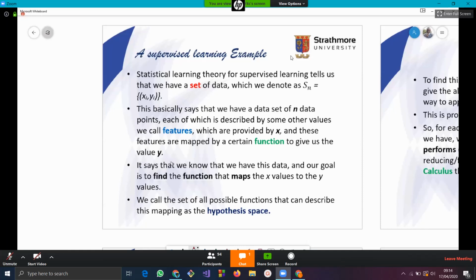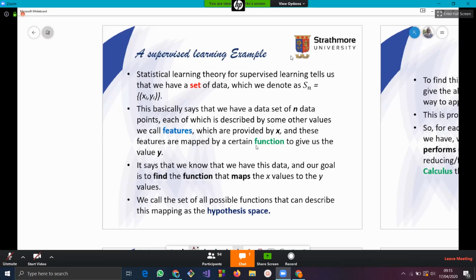Then the statistical learning theory for machine learning says that we know that we have this data. Our goal is to find this function. That is learning. Learning is to discover this function that is mapping x to y. So when we are starting, we have some candidates of this function.